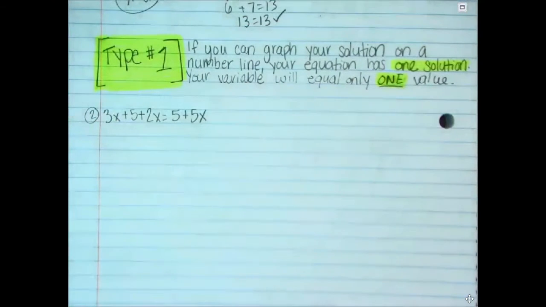Let's look at this example. 3x plus 5 plus 2x equals 5 plus 5x. Solve this.